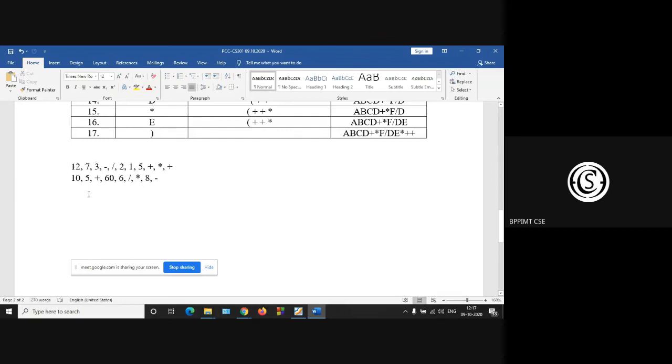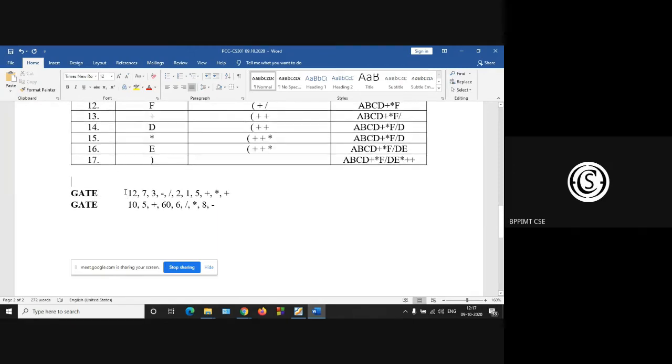So my question is, for Mac out purpose, these are very easy. That's why I'm discussing about the GATE. So evaluate the expressions.